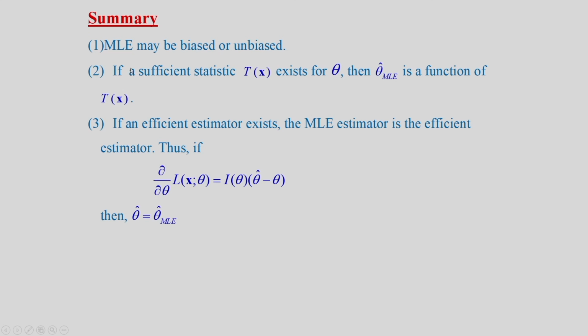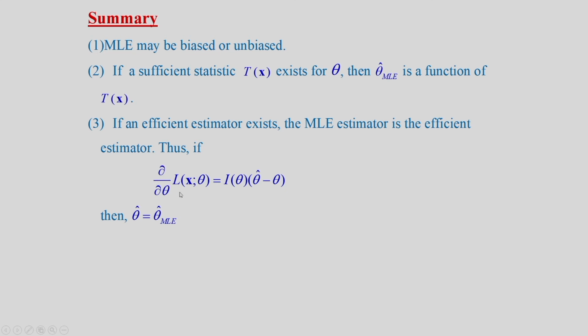To summarize, MLE may be biased or unbiased. If a sufficient statistic T(x) exists for theta, then theta hat MLE is a function of T(x). If an efficient estimator exists, then MLE is the efficient estimator.